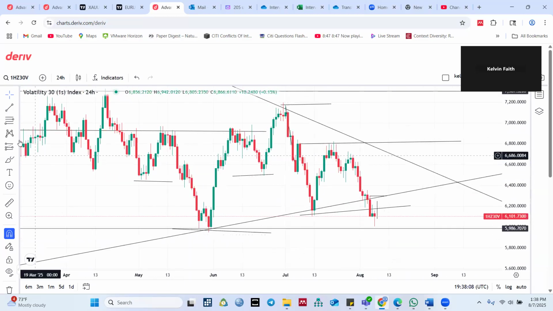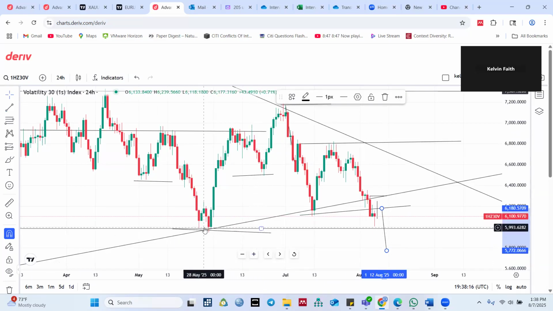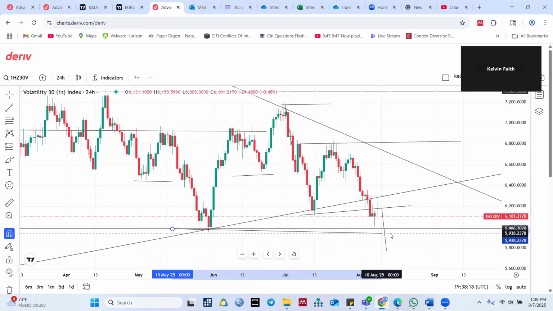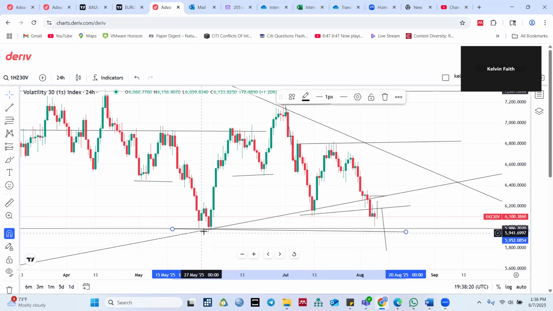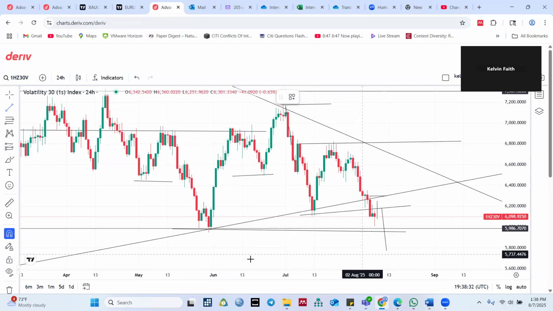Now, the next thing is that after taking out this low as liquidity, if price is to push to the downside and take this protection out, because from this low, price moved up and broke this structure, it dropped down. This area that it hit was a break of structure also, so we don't expect this low to be taken out.